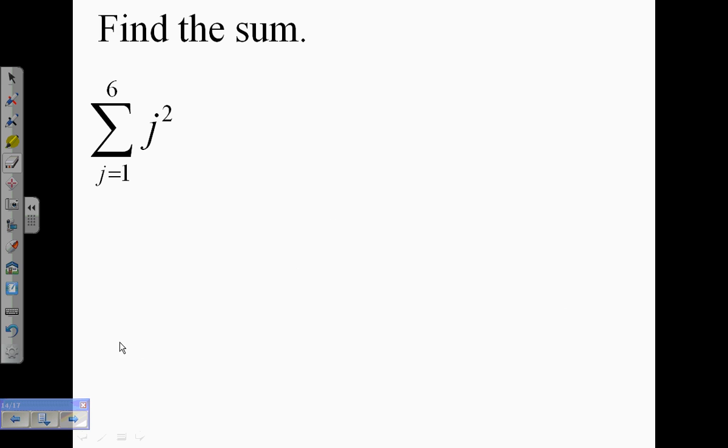Try this one. Find the sum. J squared is your rule. J equals 1 to 6 is your series. And you have all the buttons you can push on your calculator if you want. Okay, so find the sum. Good.